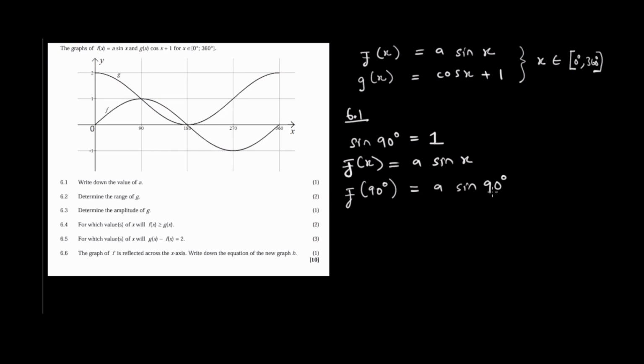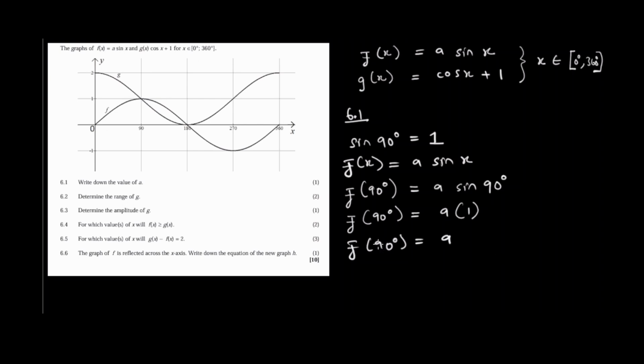But since sine of 90 degrees is equal to 1, this means f(90 degrees) is equal to a times 1, which simplifies to f(90 degrees) = a.